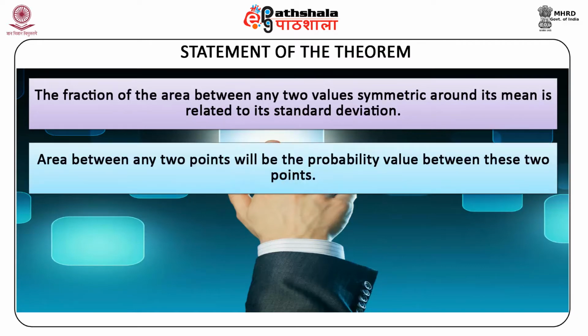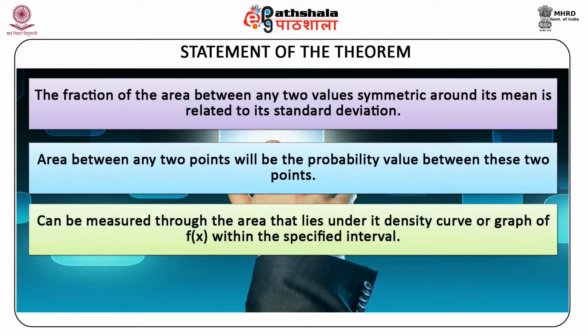Also, as the area under the probability distribution curve or in a probability histogram adds to 1, the area between any 2 points will be the probability value between these 2 points. The probability that any random variable lies within a given interval can be measured through the area that lies under its density curve, or graph of f(x), within the specified interval.